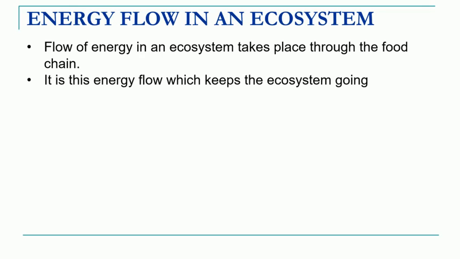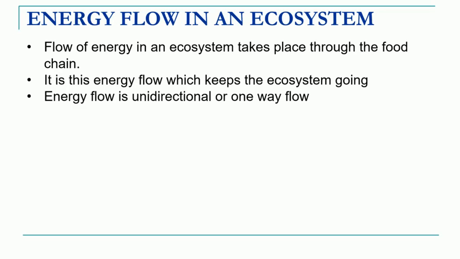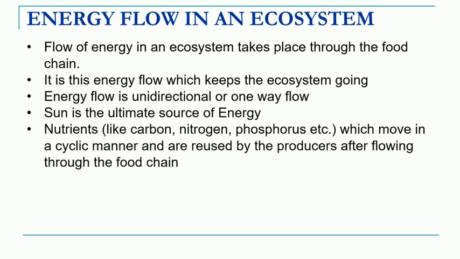This energy flow is basically responsible for the survival of that ecosystem, and it is always unidirectional. It cannot be the other way. That means from producers to the herbivores and then to the carnivores. We know the sun is the ultimate source of energy, by which the producers make their food with the help of the photosynthesis process.